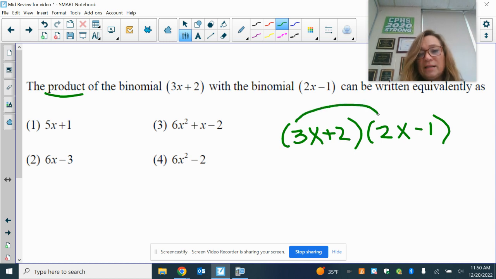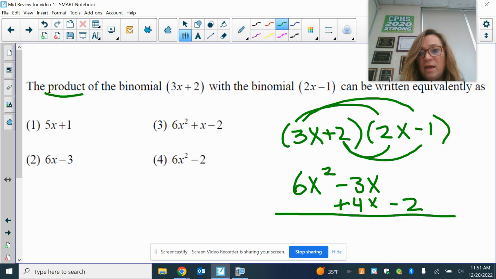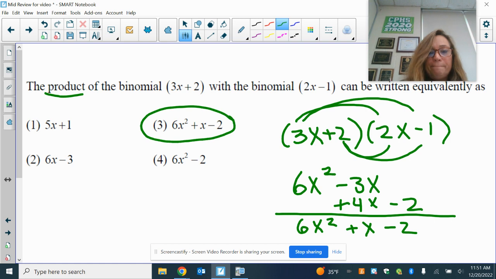So 3x times 2x is 6x squared. 3x times negative 1 is negative 3x. 2 times 2x is positive 4x. And 2 times negative 1 is negative 2. You combine the like terms and you get a trinomial because there's 3 terms. It's called a trinomial. And that matches up with choice 3.